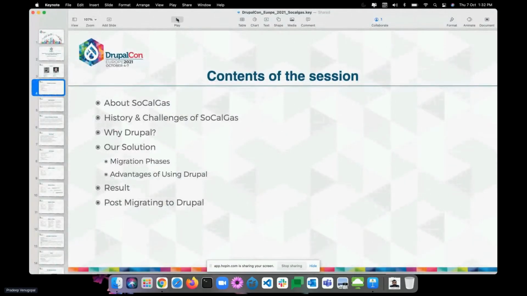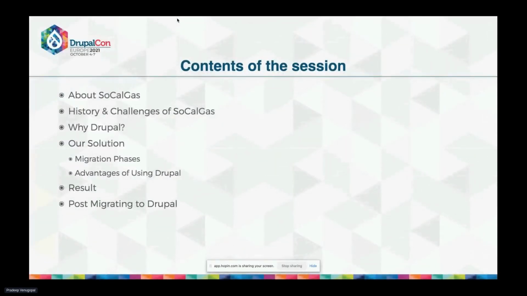Okay. In this session, we are going to talk about all the different topics. We'll try to give a brief overview about SoCalGas and the history and challenges we faced with the application, what we migrated to Drupal, and at a very high level, why SoCalGas went ahead with Drupal, or what they were looking for in Drupal.